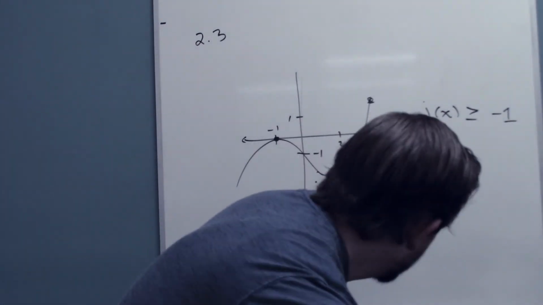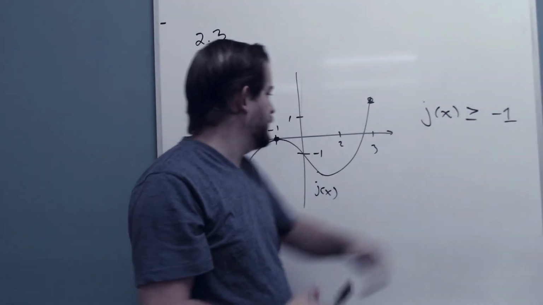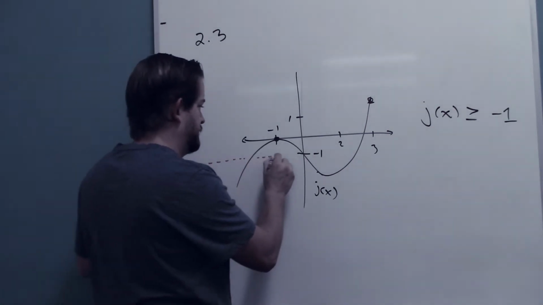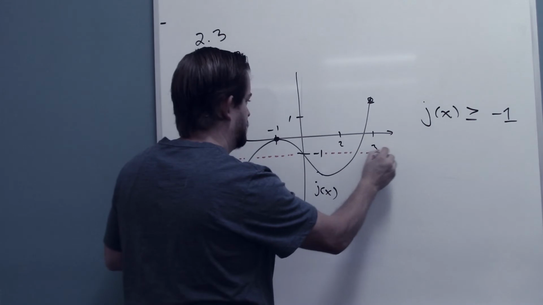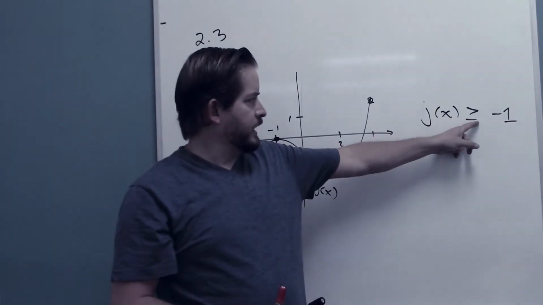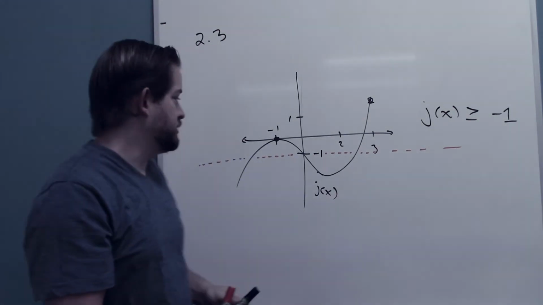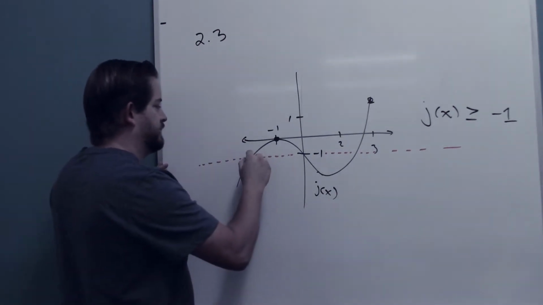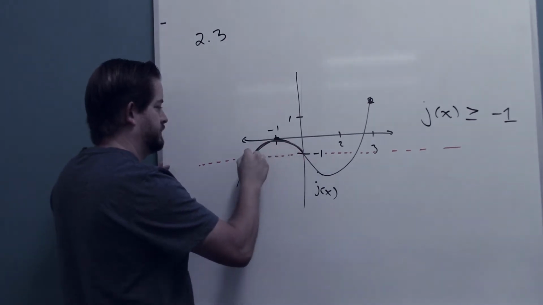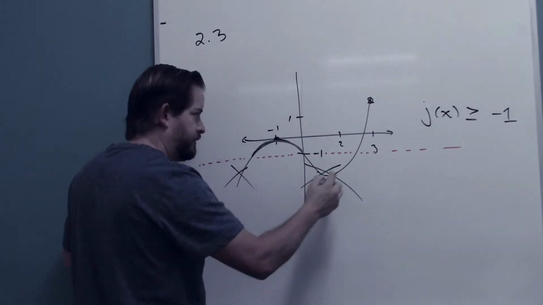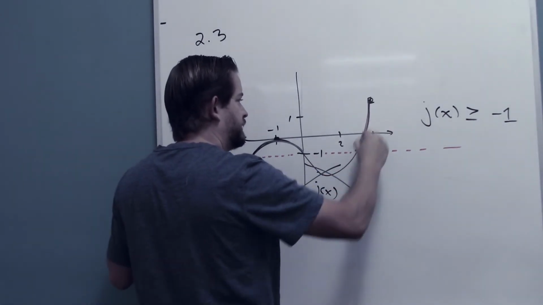Well, if I look at where -1 is, the y value of -1 happens here. So anything above this line or equal to this line is the solution. So we're talking about values in here, but not down there, but then again here.